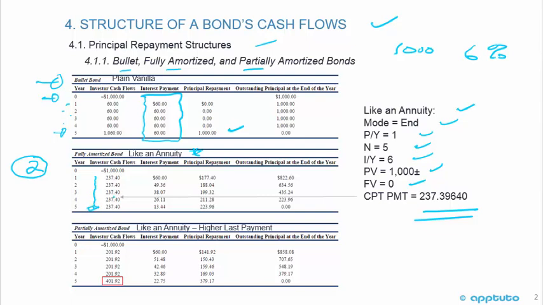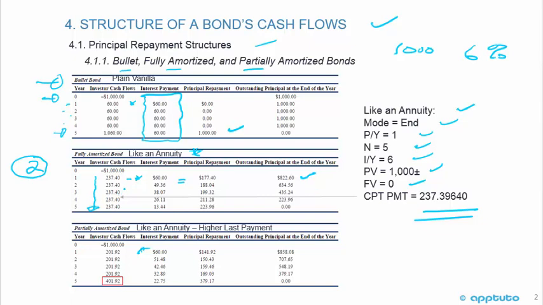So this becomes a loan amortization table. The interest in the first year is $60, no matter what the method. But in this case you have an investor cash flow of 237. If you subtract the interest, that gives you your principal repayment. Your interest at 6% is based on the principal value at the beginning of the year.